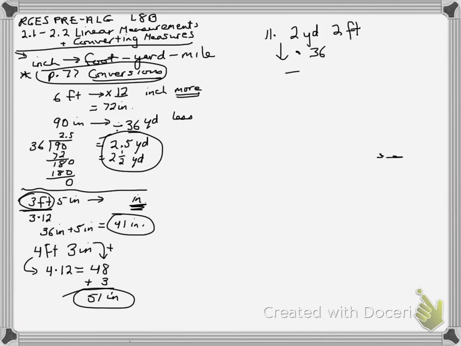And so 36 times 2, that would be 72 inches for that part. When I convert my feet to inches, I'm still going to have to multiply, this time by 12, so that's going to be 24 inches, and then I need to add them together. So I think you can use these demonstrations to do the rest on your own.